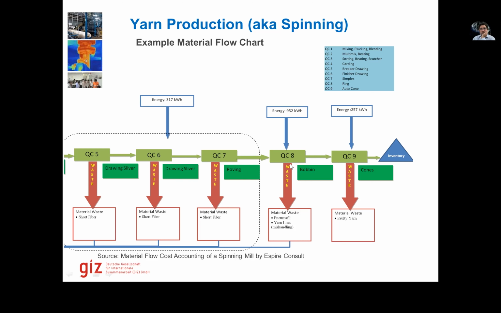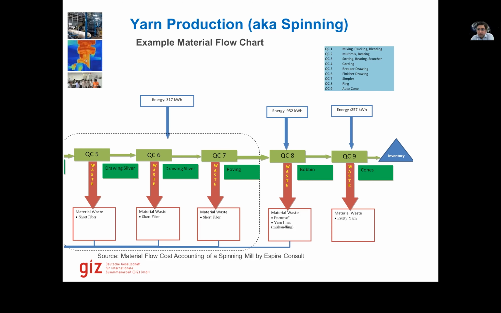Then we go to the process called ring, or the real process, which is the spinning process. Here we have spinning, and we might have twisting, with different kinds of twists. We take the sliver that came in and start twisting it in the machine. When we twist and stretch it, it starts to become yarn, and this yarn is wrapped around small bobbins, which is a kind of finished yarn.